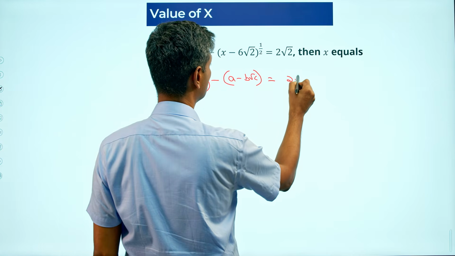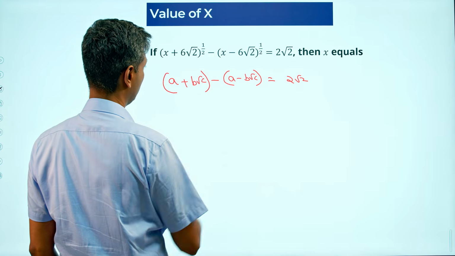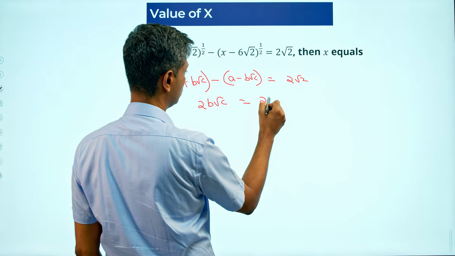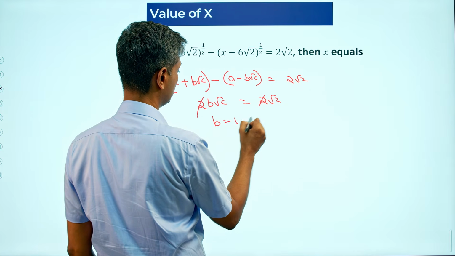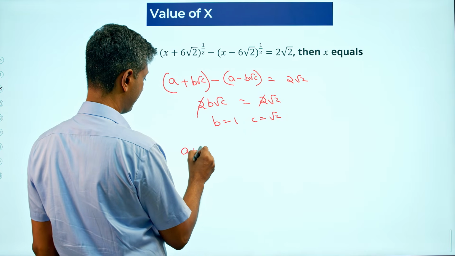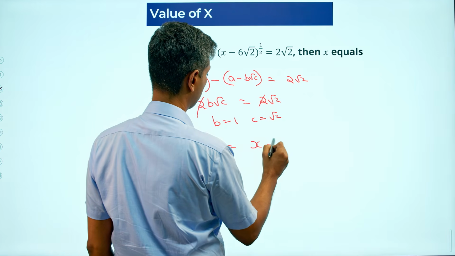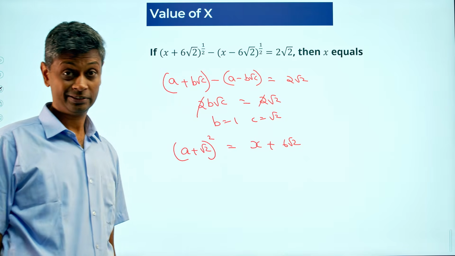This is equal to 2 root 2. A goes off, 2b root c is 2 root 2. B is 1, c is root 2. So now I'm thinking a plus root 2 the whole square is x plus 6 root 2. If I can get this, then I'm through.